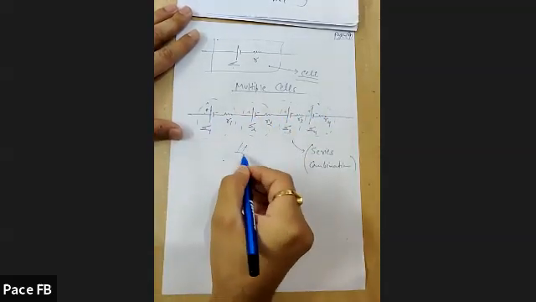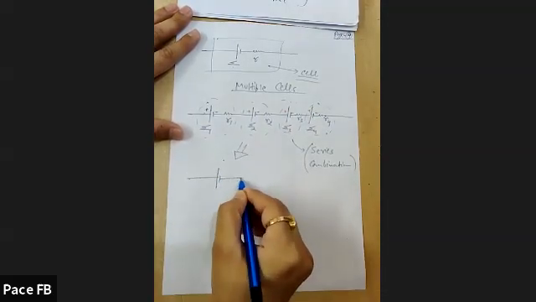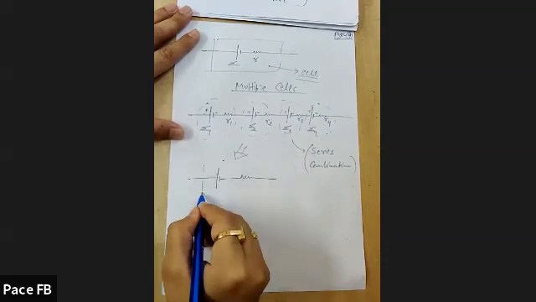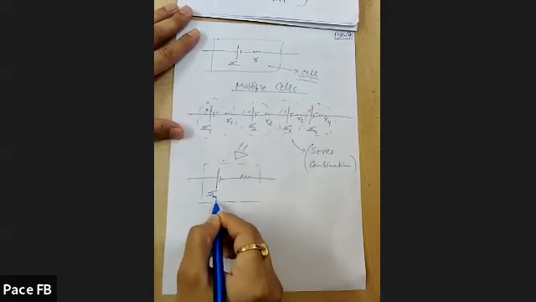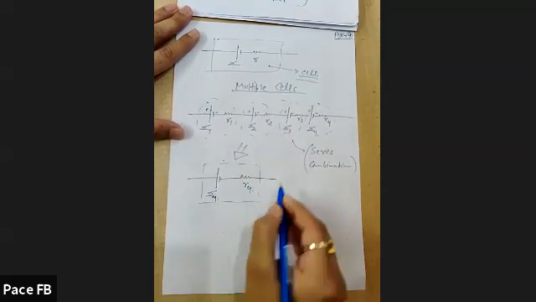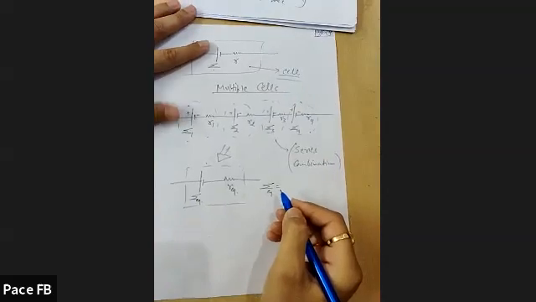So now we want to convert this into a single cell, and this single cell would be having one EMF and one internal resistance. And what would be that E equivalent? And this would be small r equivalent. E equivalent would be the addition of all of them.